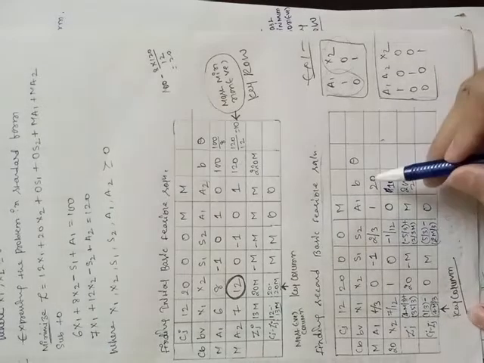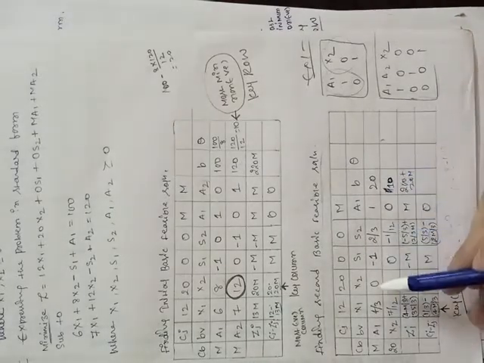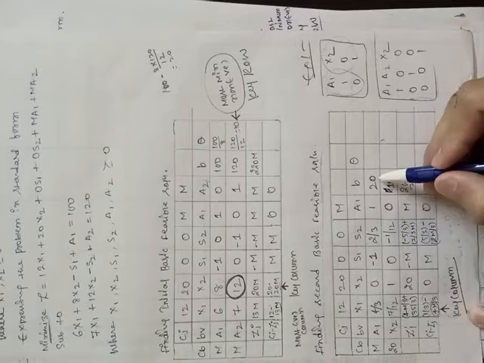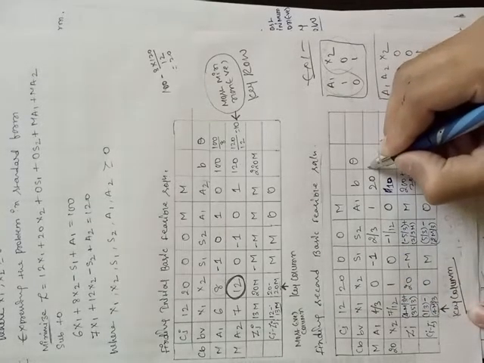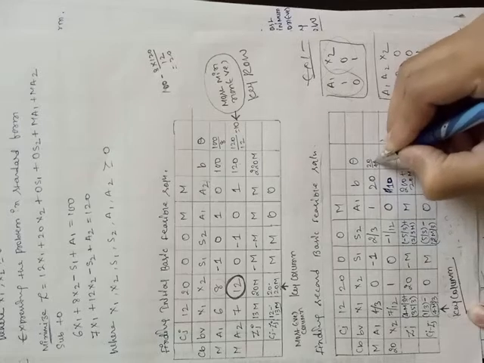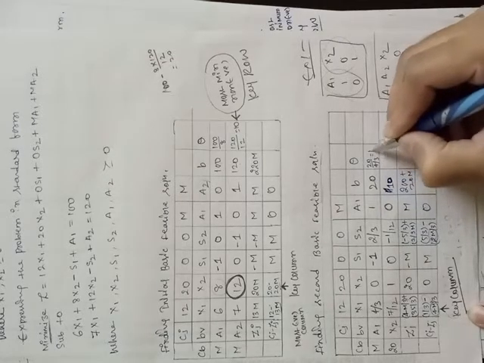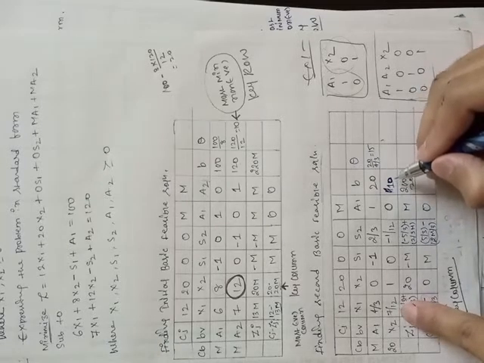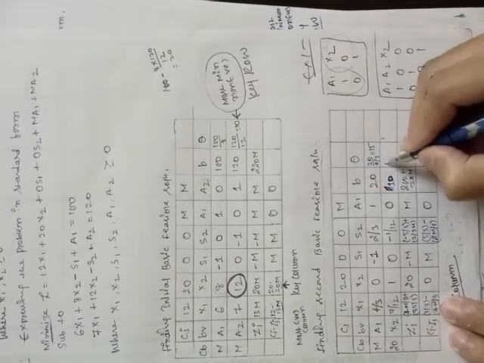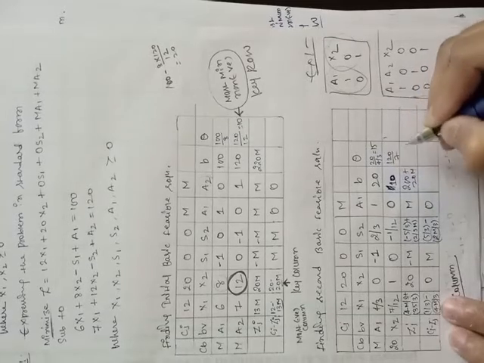So we need to find this ratio value. So B divided by the corresponding key column elements. So 20 divided by 4 by 3, that is 15. Again here 10 divided by 7 by 12, that is 120 divided by 7.